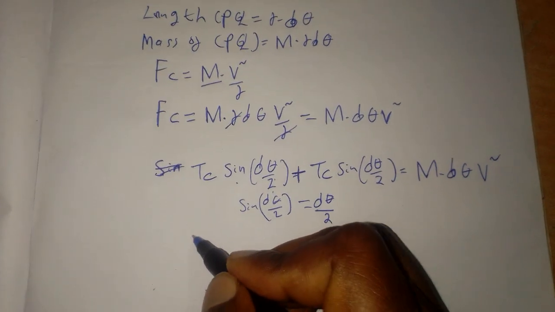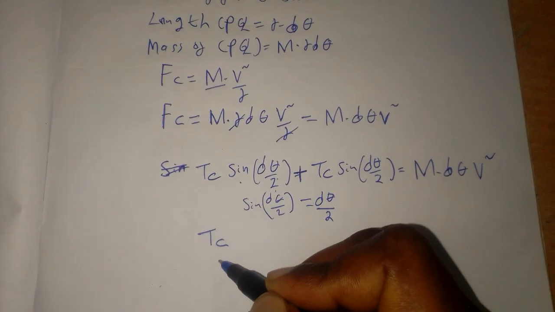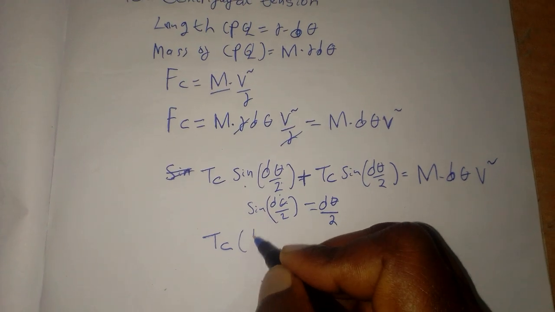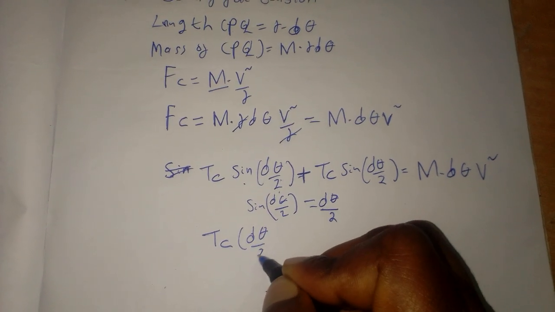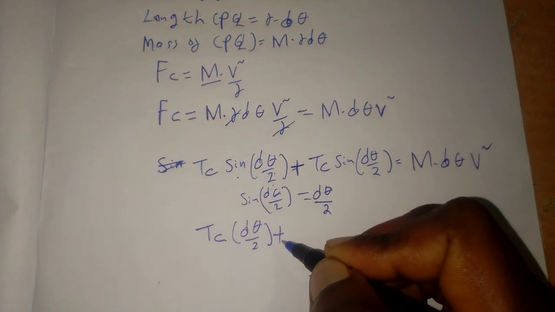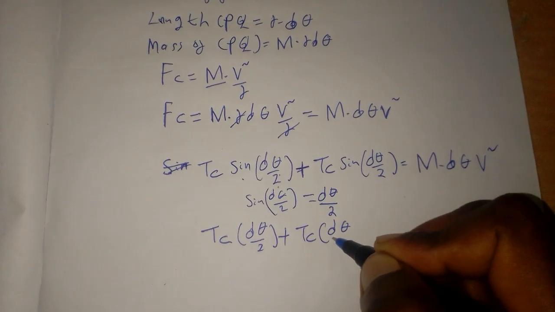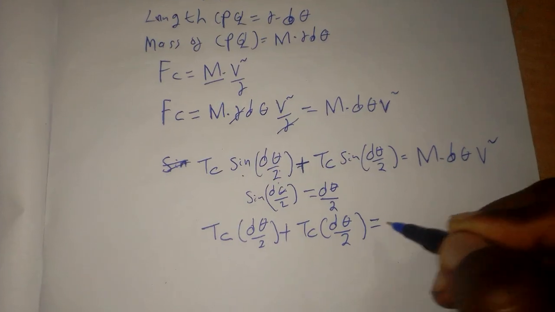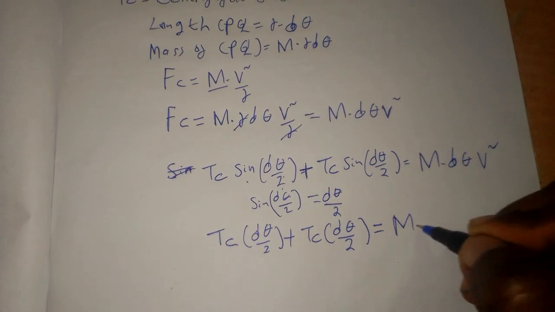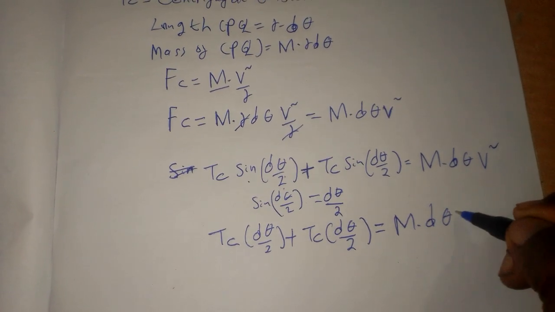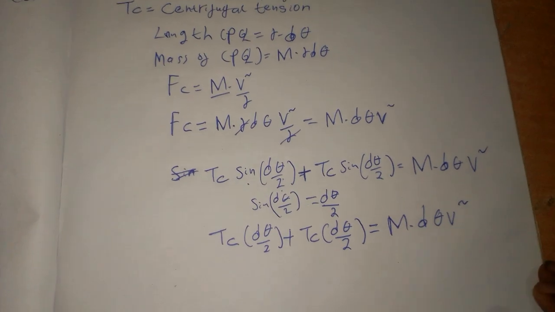Now, Tc d theta divided by 2 plus Tc d theta divided by 2 is equal to m d theta v squared.